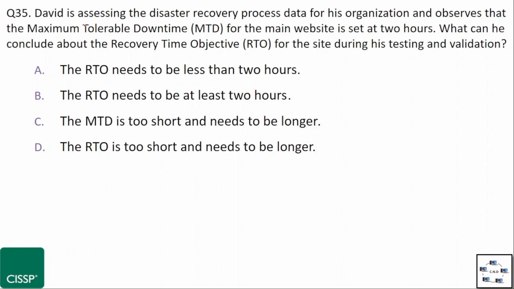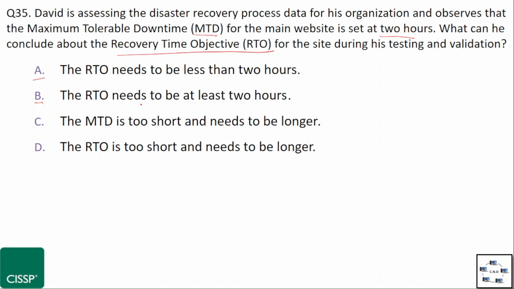Question number 35. David is assessing the disaster recovery process data for his organization and observes that the maximum tolerable downtime for the main website is set at 2 hours. What can he conclude about the recovery time objective, RTO, for the site during his testing and validation? The options are option A, the RTO needs to be less than 2 hours.